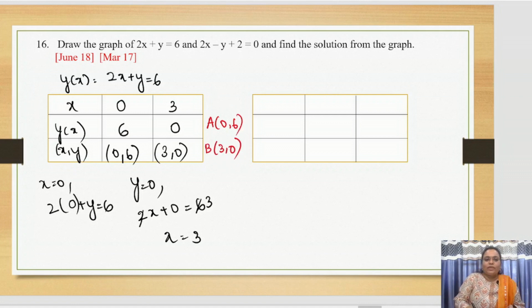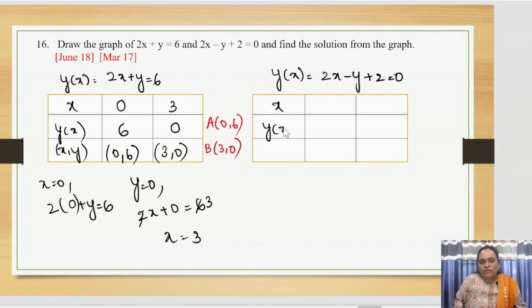Okay. Now the second equation, that is 2x minus y plus 2 equals 0. We can take this equation as y of x equals. Okay. So this is x, y of x and x and y coordinates. The same way, we will take x equals 0 and find the value of y.